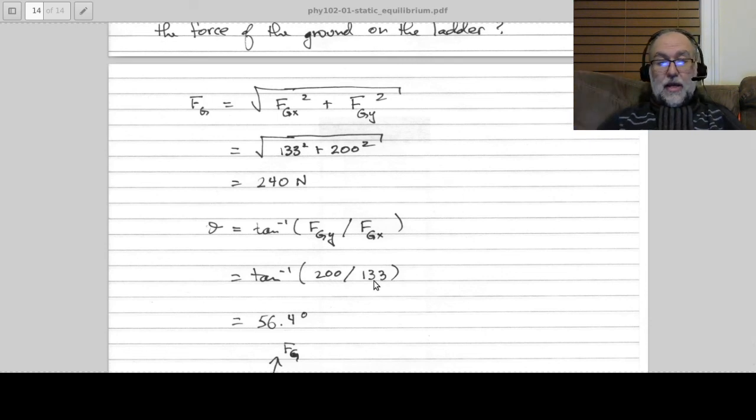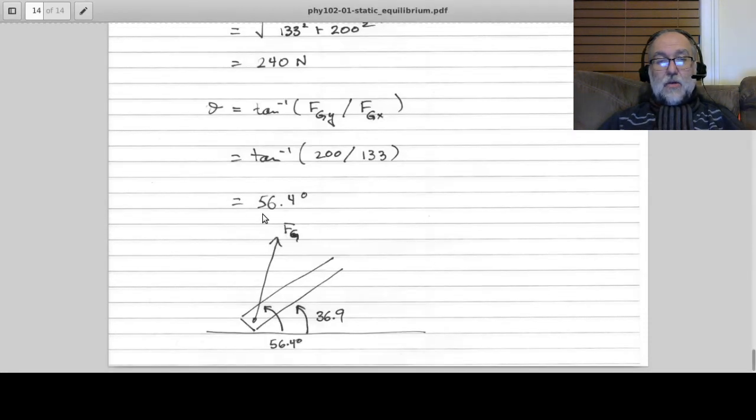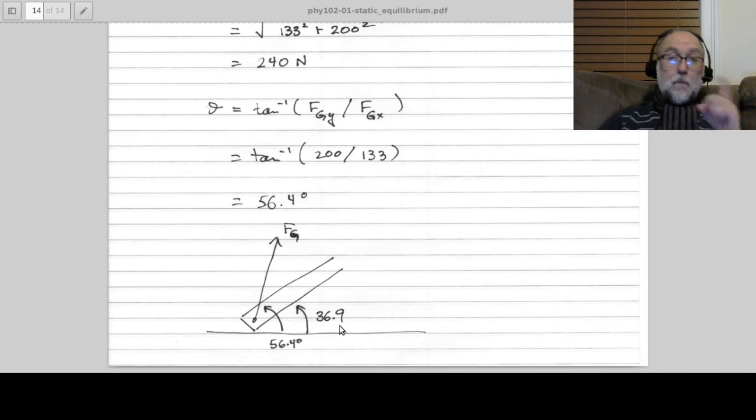Y was 200, x was 133, and that gives you an angle of 56.4. Which is kind of interesting because the angle the ladder makes with the ground is 36.9 degrees, but the force is actually at a different angle. It's at 56.4 degrees.